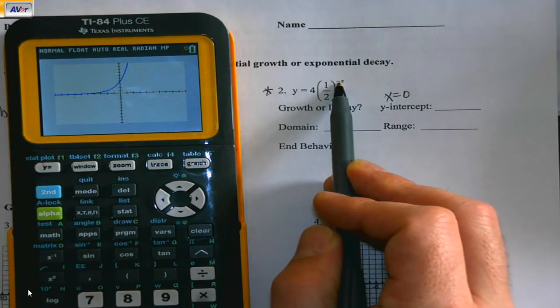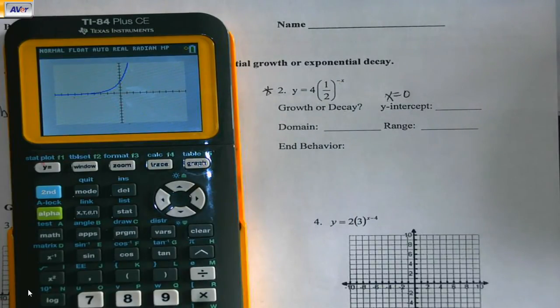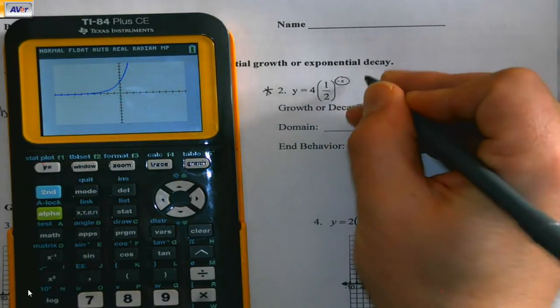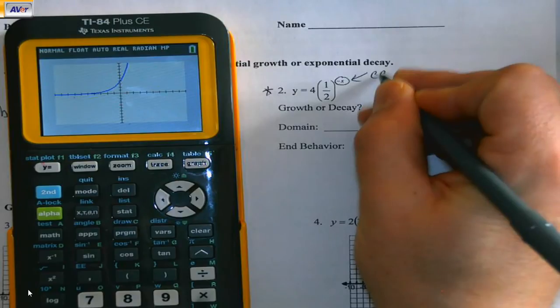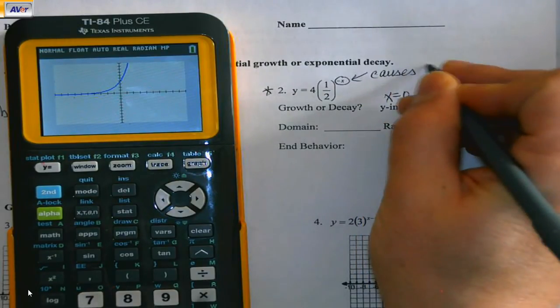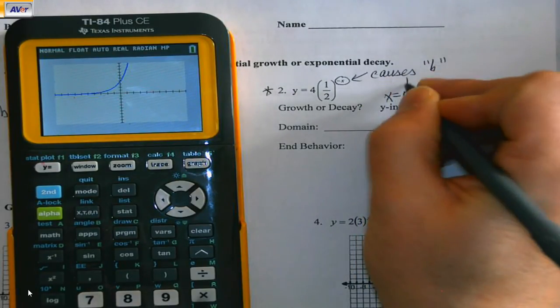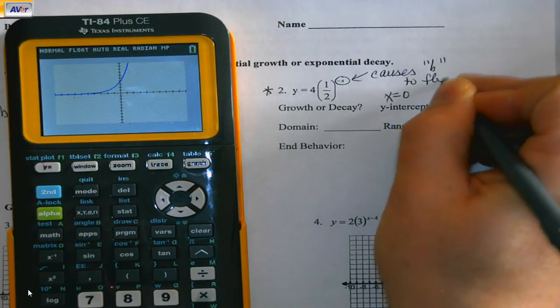Wait a minute, that looks like growth again. How's it growth? Because my b value is a half. Okay, this negative exponent causes my b value to flip.